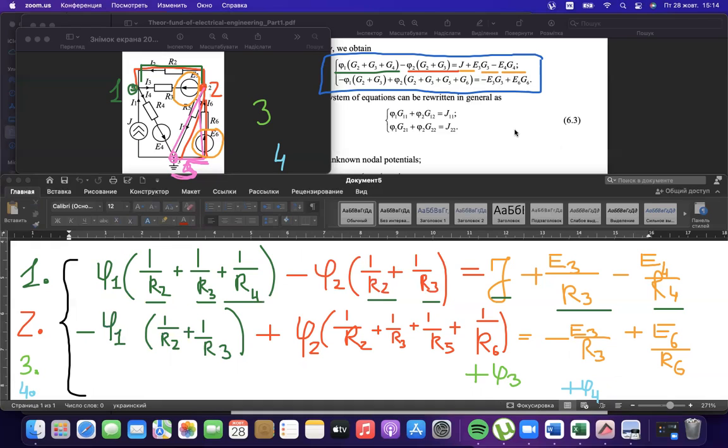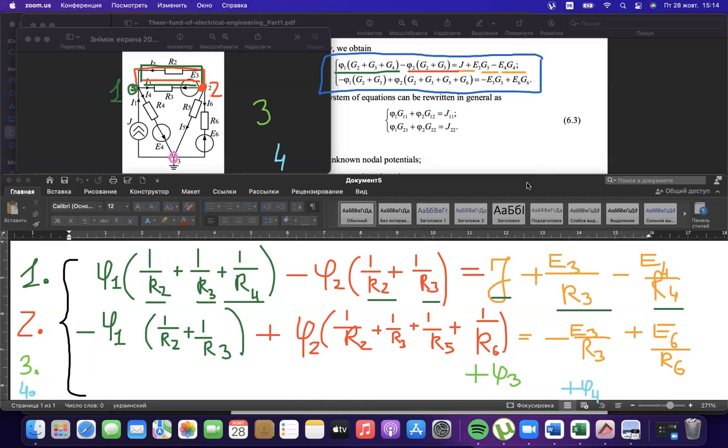Between any two potentials, we have branches that are the same for both points. For example, branch R2 and R3 is the same branch for both of these points.